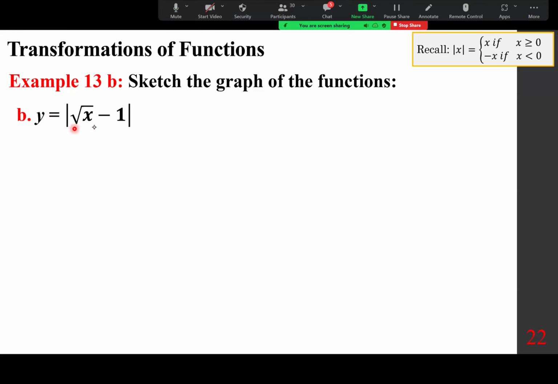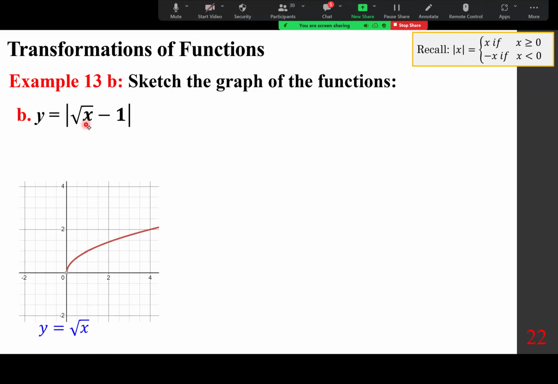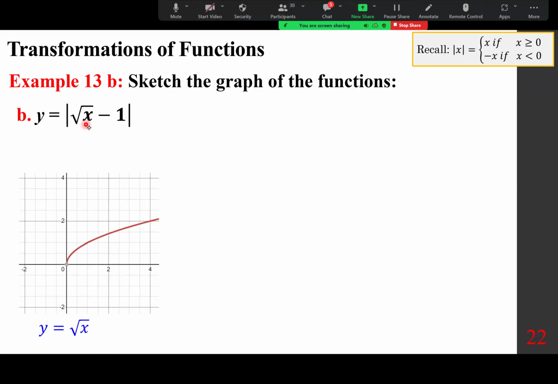Sketch the graph of the function y equals absolute value of square root of x minus 1. Well, first, let's graph f of x equals square root of x. Then let's graph y equals square root of x minus 1, the one inside. It means you are shifting this down by 1 unit.